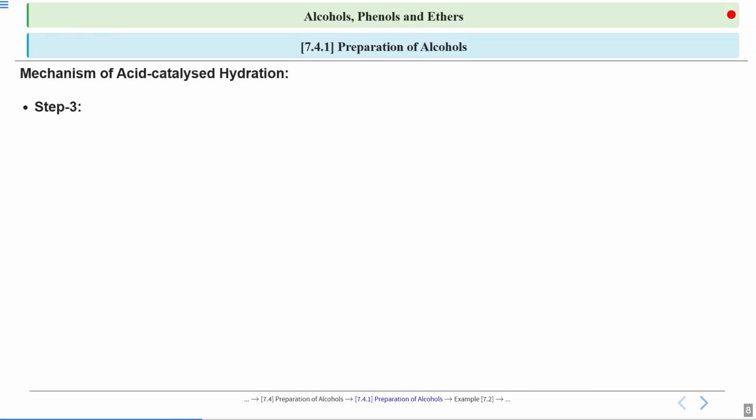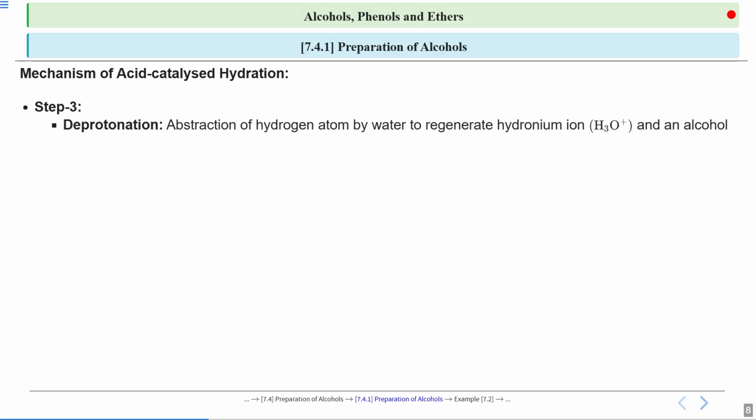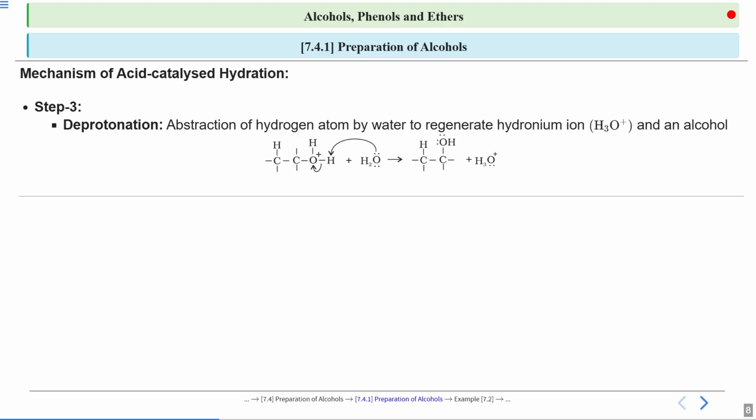Now what will happen? Step 3 includes the deprotonation. So we have just the protonated carbocation. Now deprotonation happens, in which the abstraction of a hydrogen atom by water will happen to regenerate the hydronium ion, which we used in the very first step, and an alcohol will be produced. So we have this protonated carbocation, and the positive charge of the oxygen is going to be stabilized.